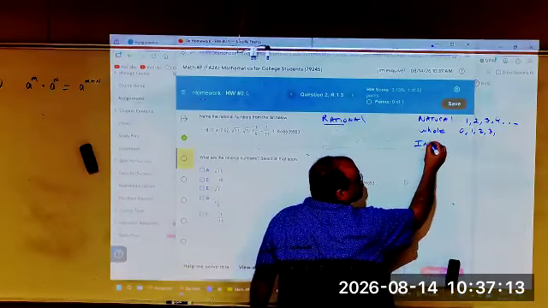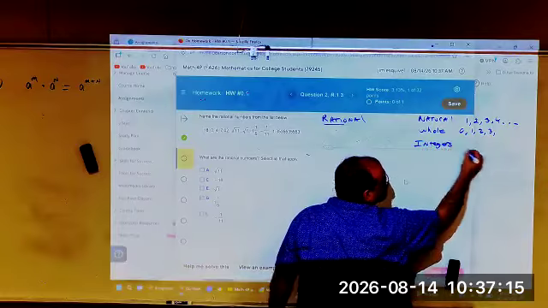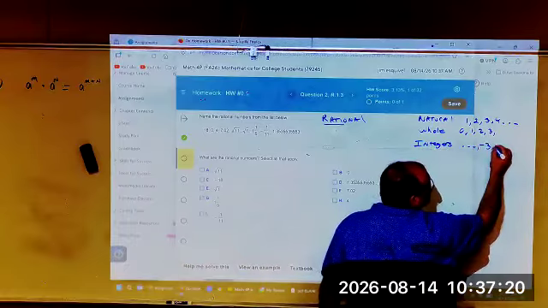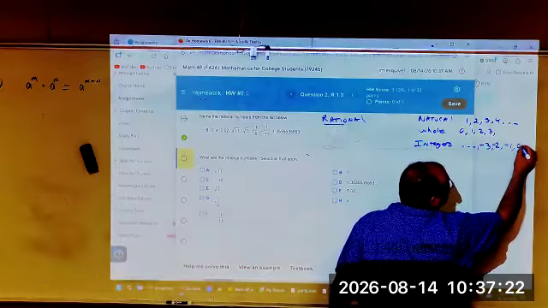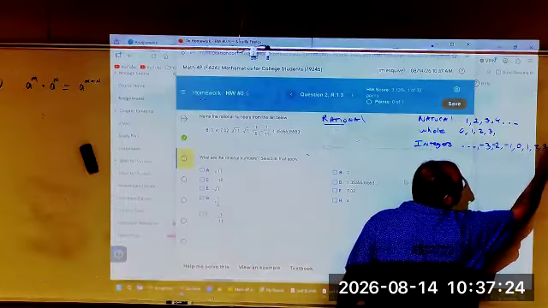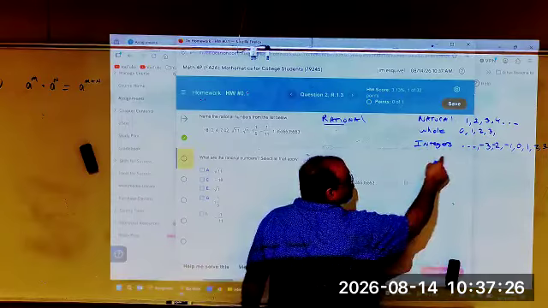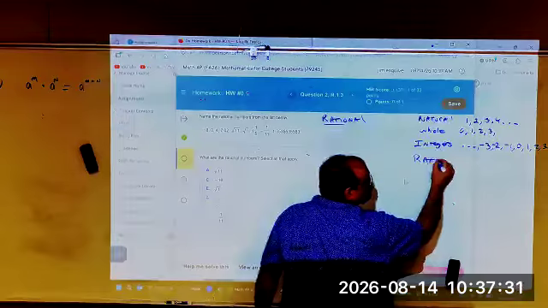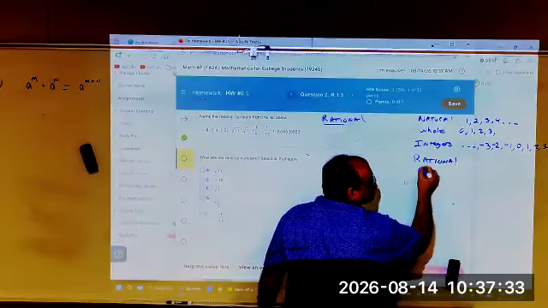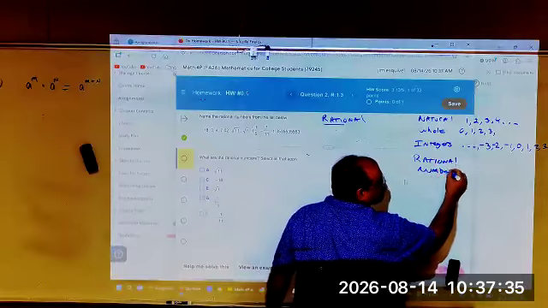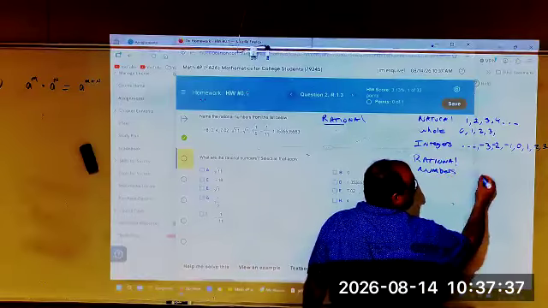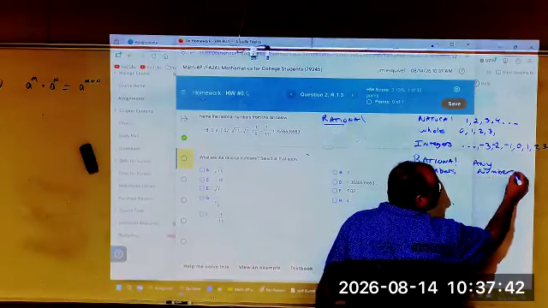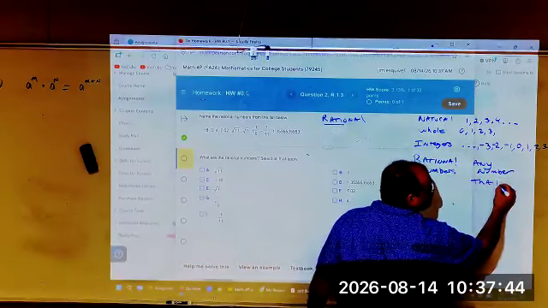Then you have the integers, so that's from negative infinity to positive infinity. And then you have fractions. What's in between the integers? Those are the rational numbers. So that's any number that can be written as a fraction.